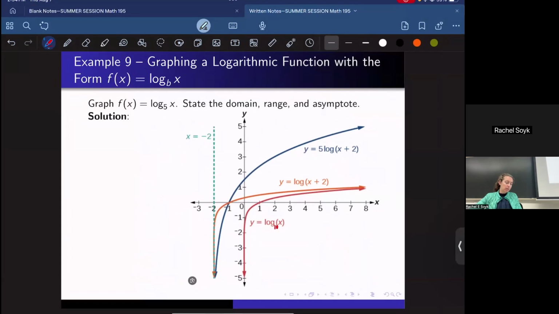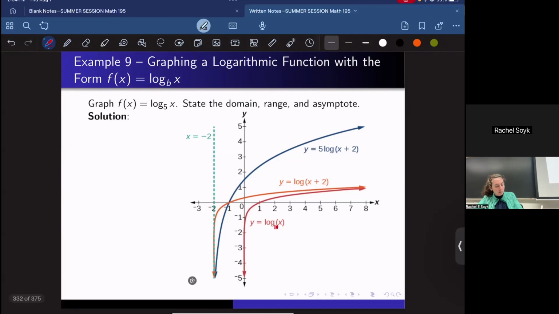And maybe after we do this question, I'll create another graph for you guys to really hone in on the difference between log base 10 of x and log base 2 of x and log base 5 of x. How much closer is one to the axes than the other?